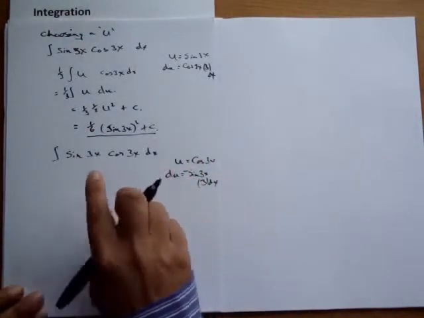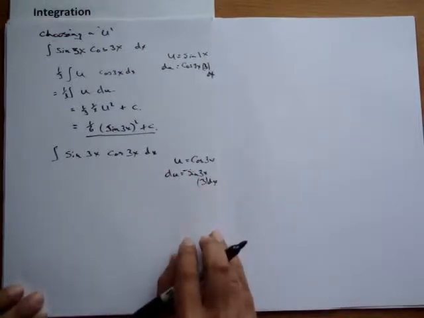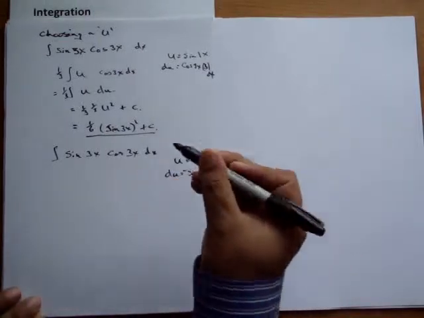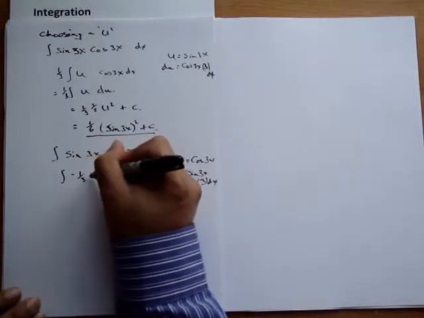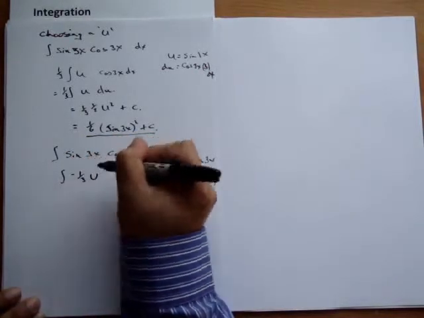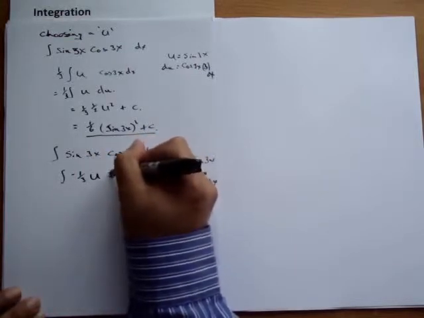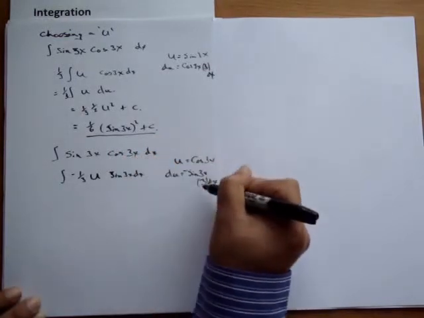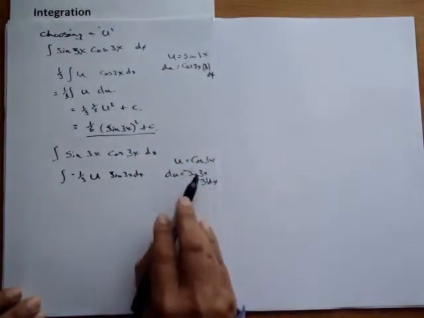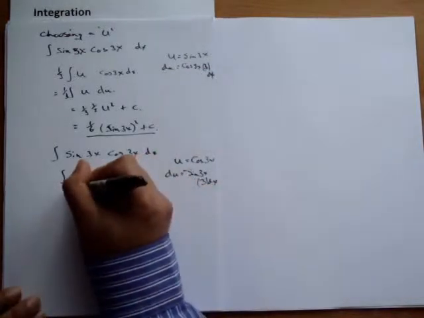So we can see the sine appears in the original integrand, so again we can use this substitution. So let's do that. So this becomes minus 1/3. The cos 3x is the u, and we're left with the sine 3x dx. The sine 3x dx is the du.